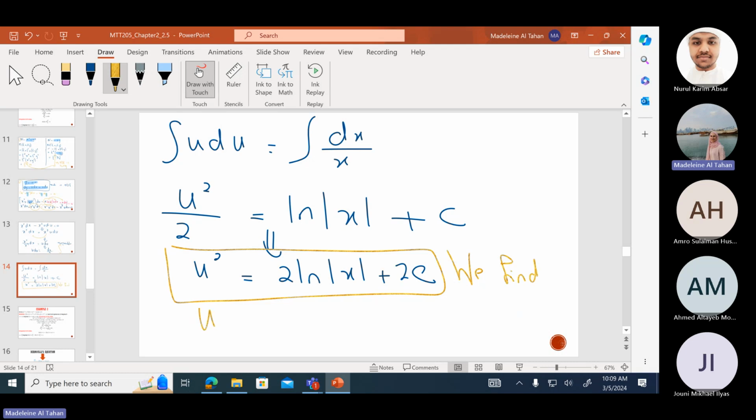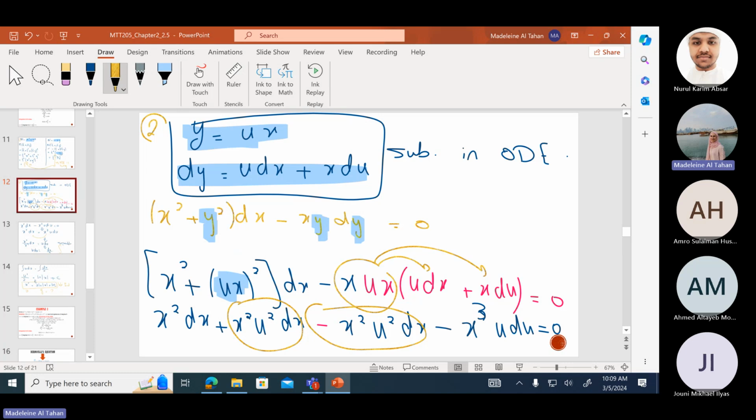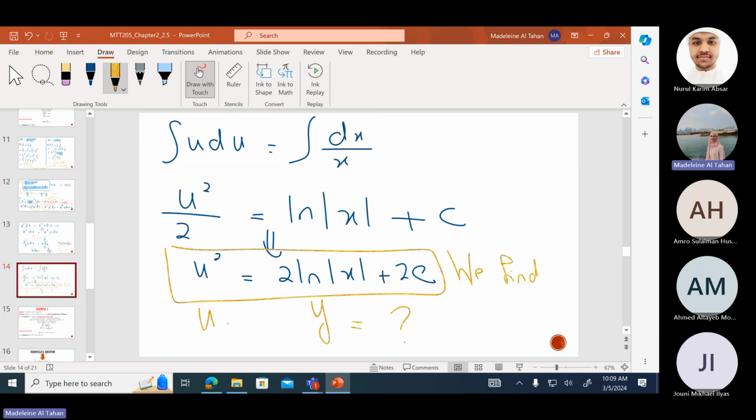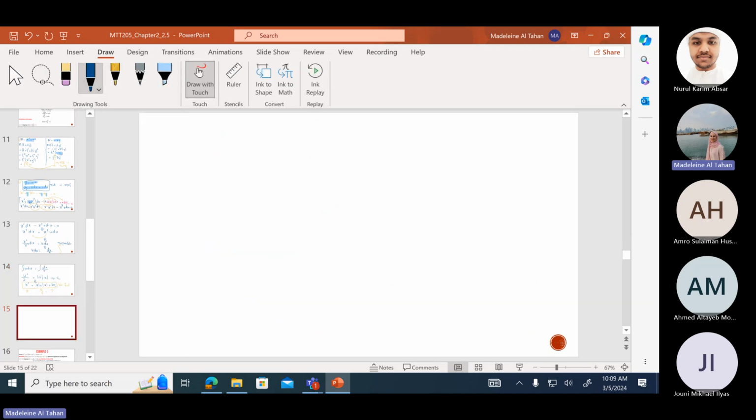But what was the initial one? What do we need to find, miss? Y. So how do we find y? Y equals ux, so we substitute y over x for u.